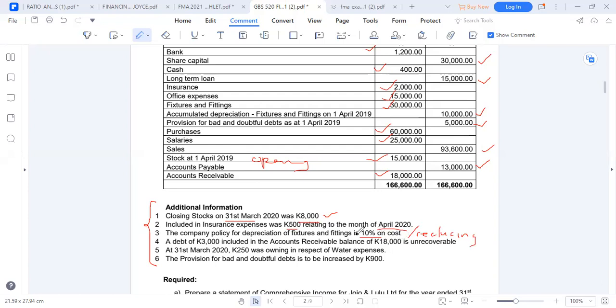On cost is direct, just 10% of the amount available for the fittings and fixtures. When you go to fittings and fixtures, this amount is 30,000. So 10% of 30,000 is what? 3,000. So 3,000 is the depreciation that we're going to charge this year in our income statement.